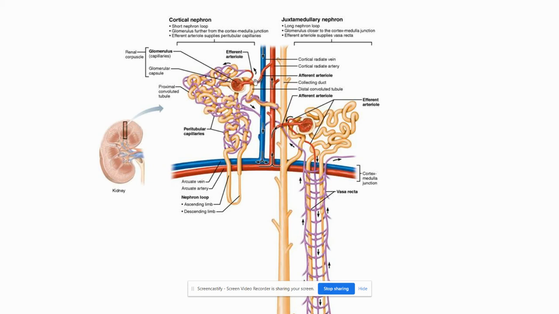So basically, we would have the afferent arteriole coming in, glomerulus, efferent arteriole coming out, going to the peritubular capillaries. For the juxtamedullary nephron, we would have the afferent arteriole coming into the glomerulus, leaving via the efferent, going to the vasa recta.